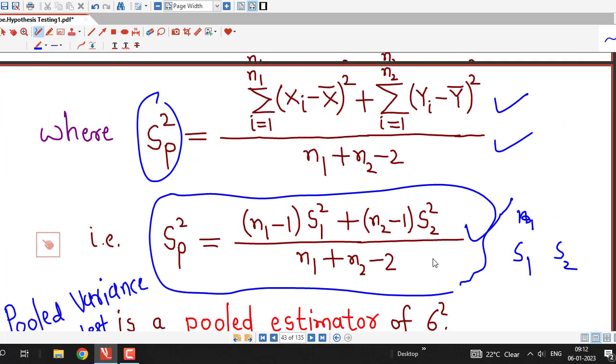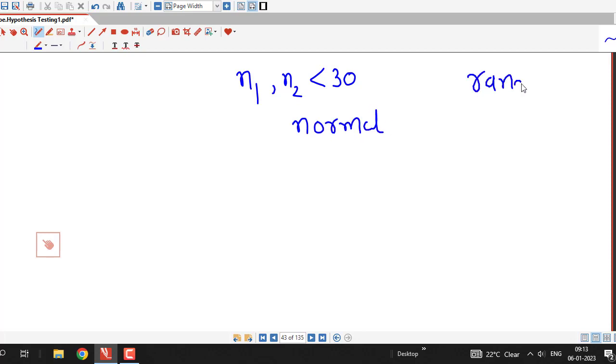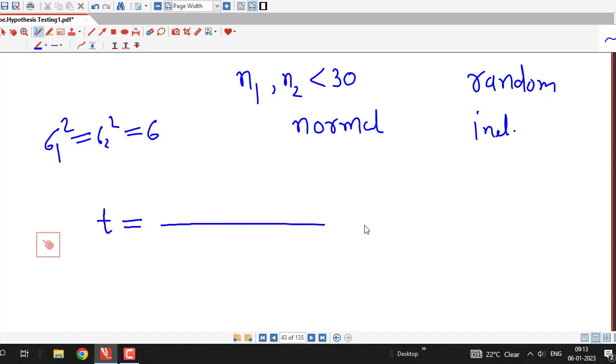So this is all about this session. In this session we have discussed that if we have small samples, that is sample sizes are smaller than 30, and if the underlying populations are normal, if we have random and independent samples, and if we assume that two population variances are equal, then we will apply two sample t-test.